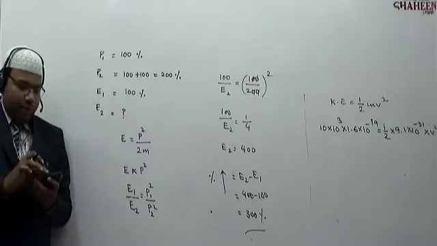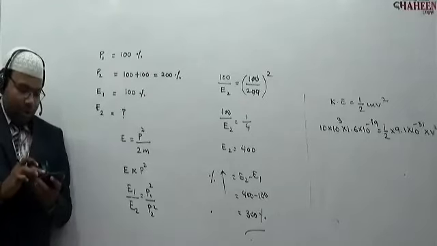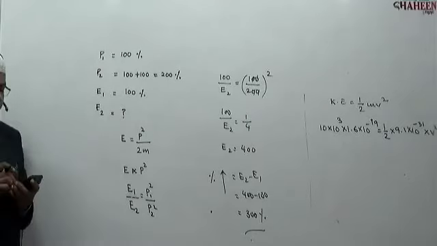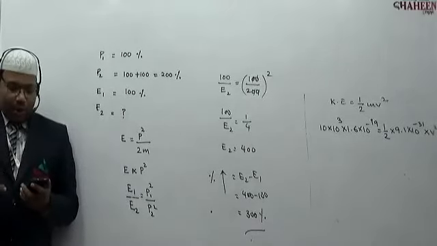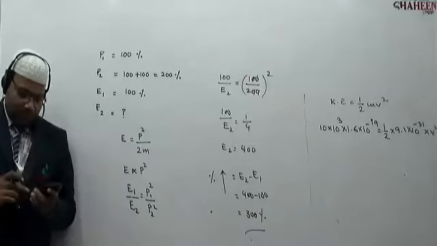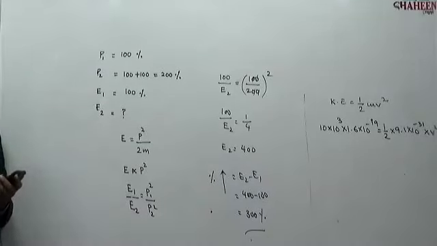Given that the coefficient of static friction between the box and the train's floor is 0.15.